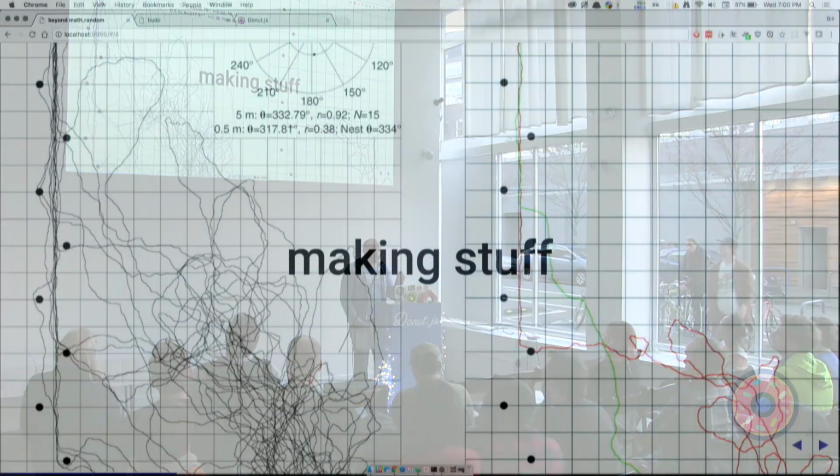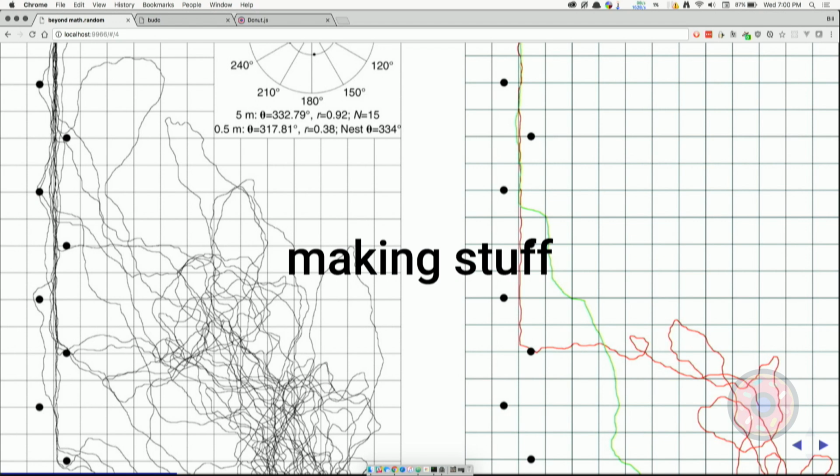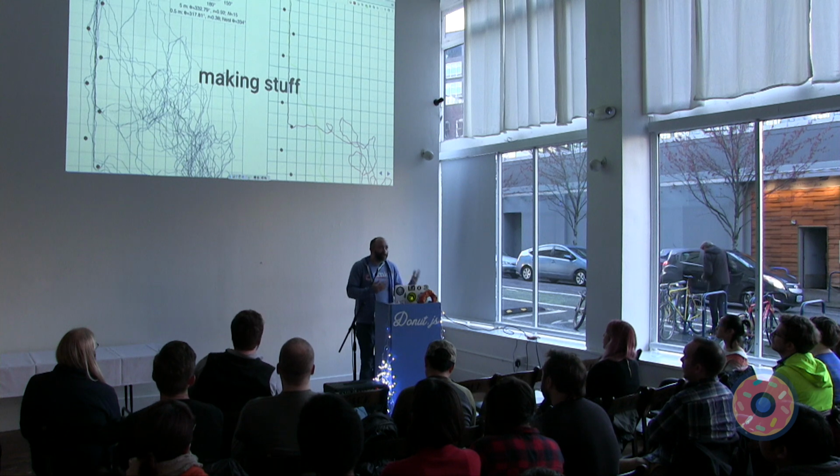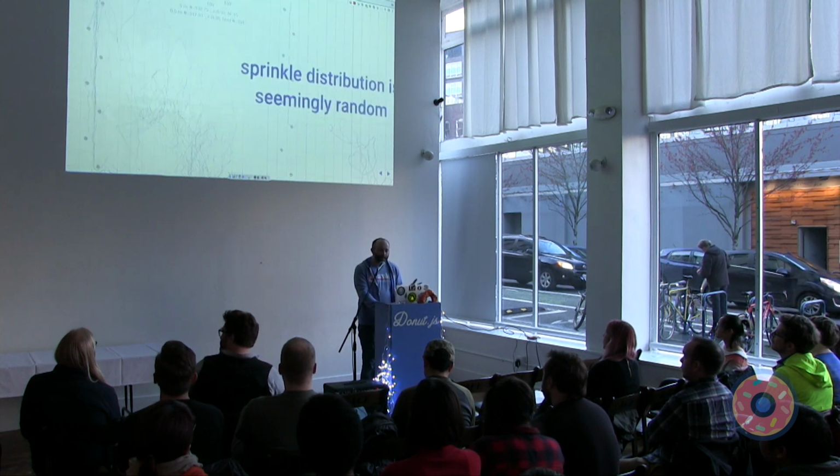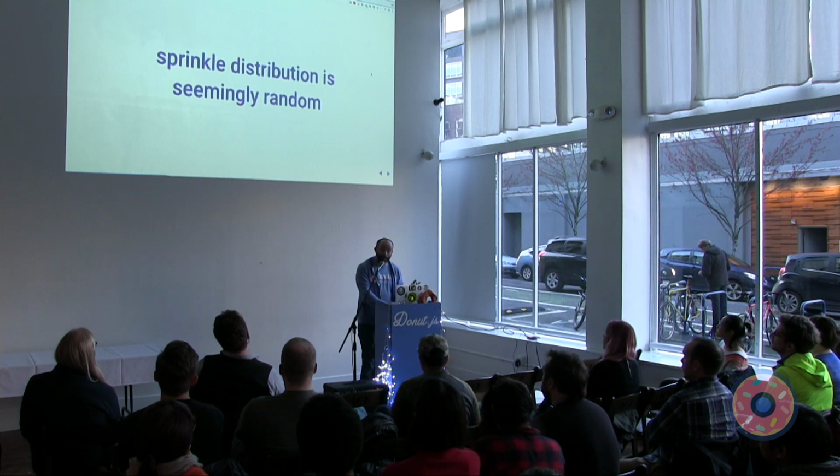Random numbers are also really useful for simulating stuff or making stuff. Like you can simulate natural phenomena, or seemingly natural phenomena. Like the direction an ant turns, or where a water drop will fall next, or where a sprinkle will fall.